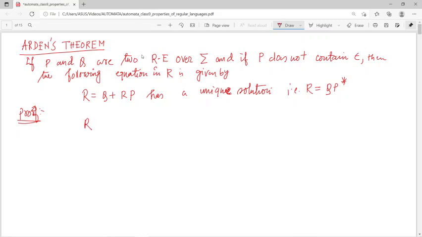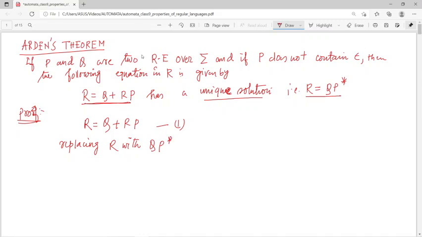So how can we prove that R equals Q plus RP, which is equation number 1? Because they say this particular regular equation has a unique solution, that is R equals QP star, we can replace R with QP star.